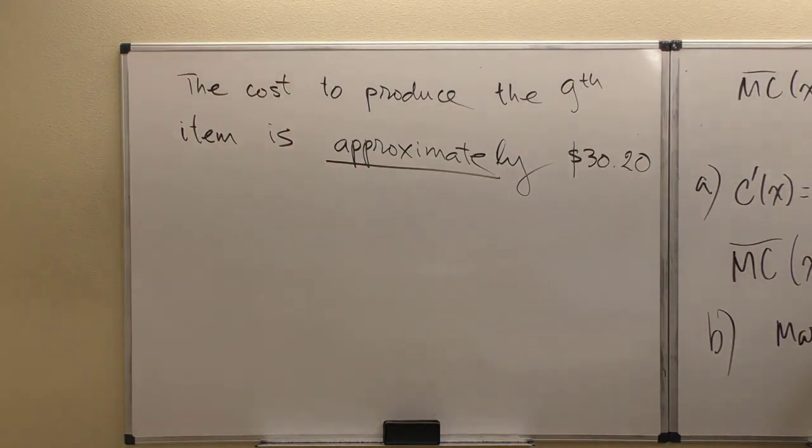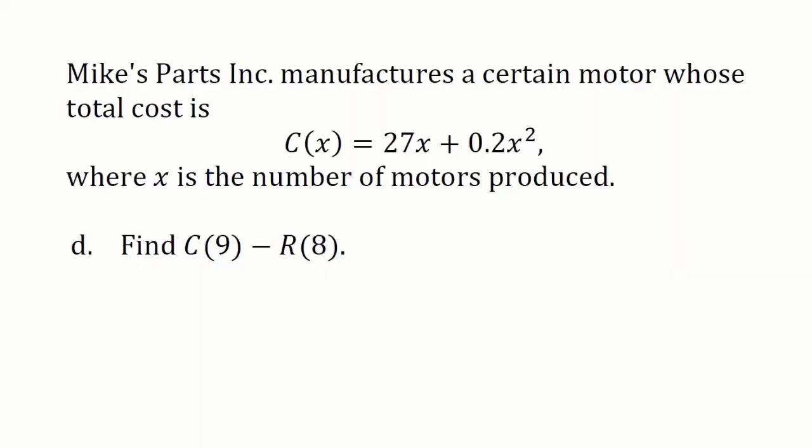All right, so now, since anyone viewing this video, as I've said maybe a couple of times, I'm assuming is new to this or a beginner, let me a couple more times bring up the real, precise calculation. Okay, so now we are at our question D. Find C9 minus C8.